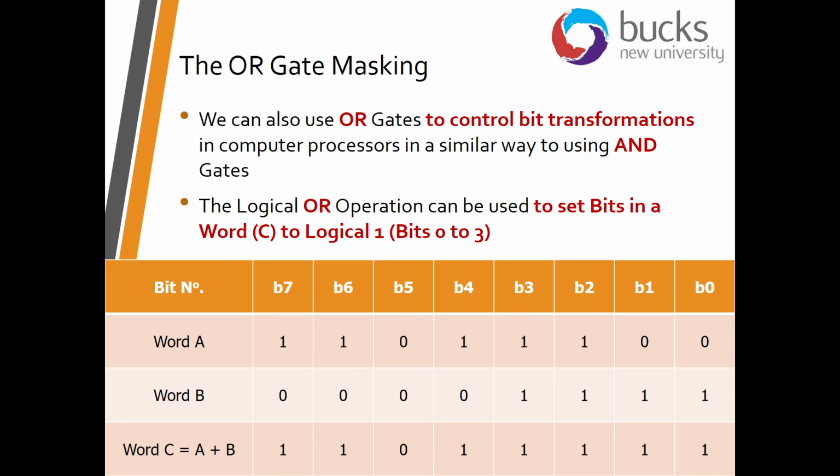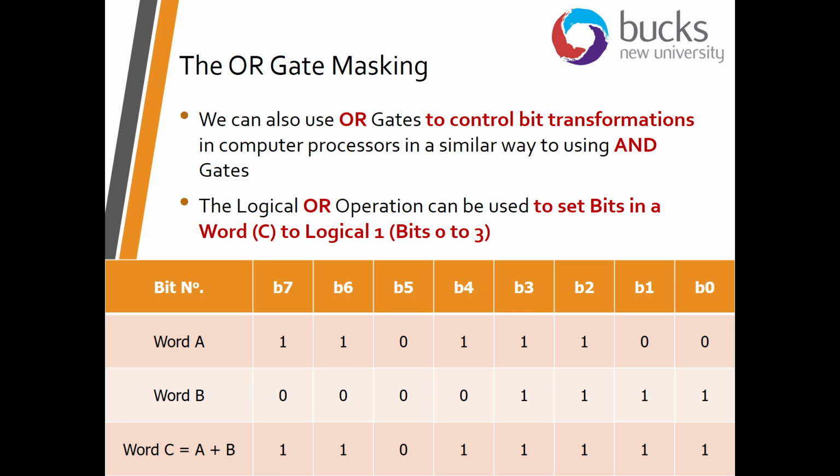We can also use OR gates to control bit transformations as well. So in computer processors, we use a similar approach to using AND gates. The logical OR operation can be used to set bits in word C to logical 1 bits. In this operation, we had the same mask, 4 bits of 1 and 4 bits of 0 in word B, but we're using an OR logical operation.